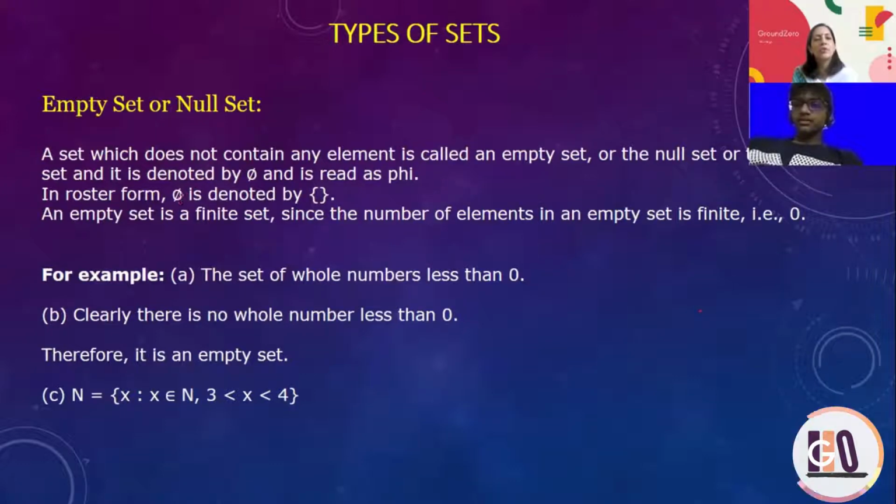So in roster form, phi is denoted by just the braces. An empty set is a finite set, and the symbol shows that's what an empty set is.